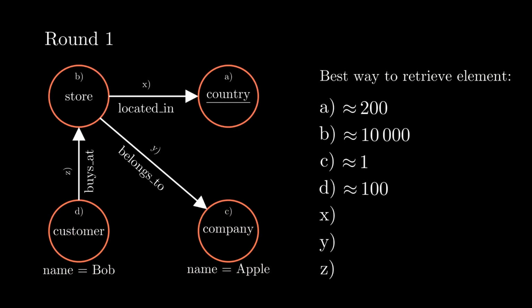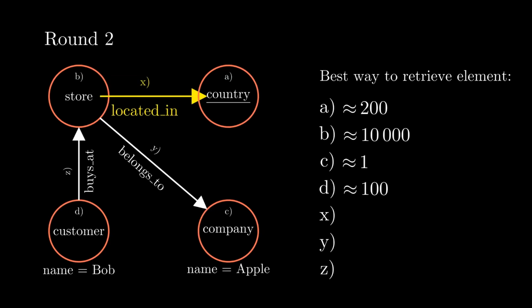We can continue with the edges. And for the edges, we always have 2 directions in which we can approach them. We can, for example, for the located in edge, look at how many stores we have. There are 10,000, and look at how many outgoing located in edges a store has on average.